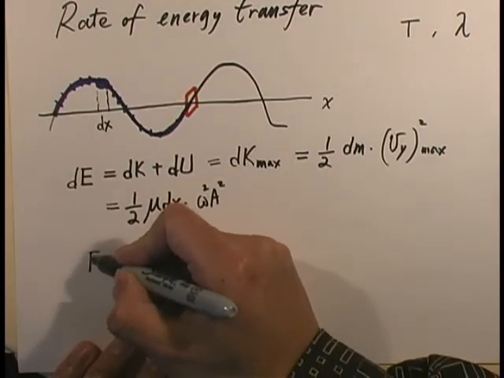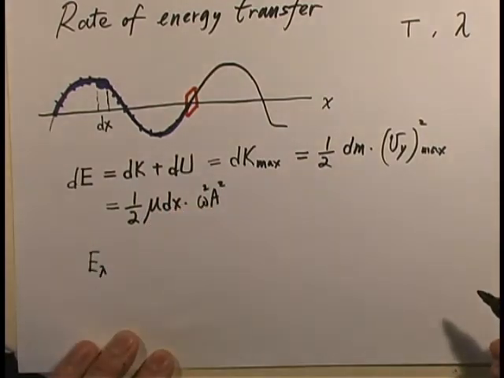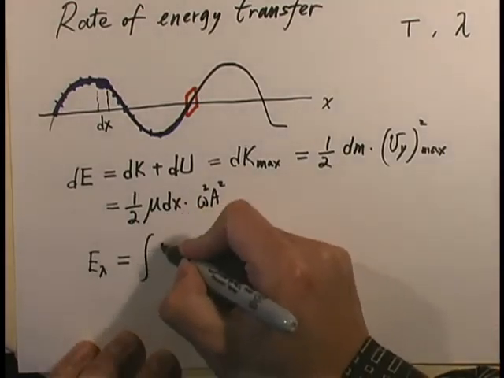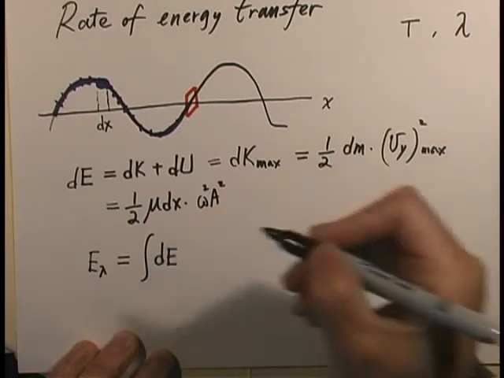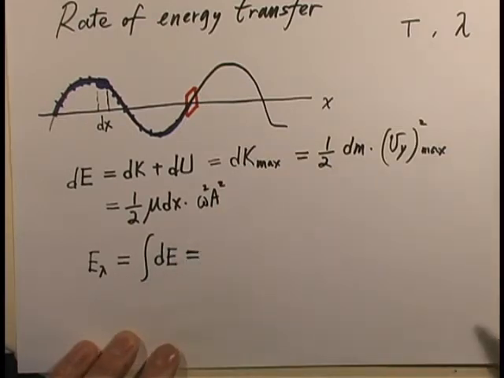Let's call it E lambda. This is the total mechanical energy stored on one wavelength of the wave. That would be the integral of dE over one wavelength, right? That's so easy to calculate, much easier than the procedure in the textbook, where they had to do a series integration. We don't have to do anything like that.